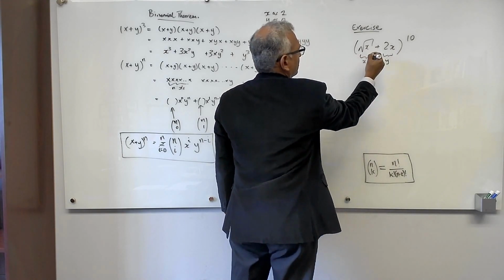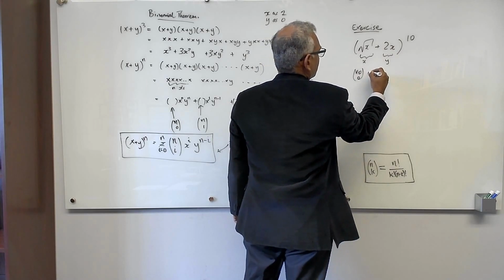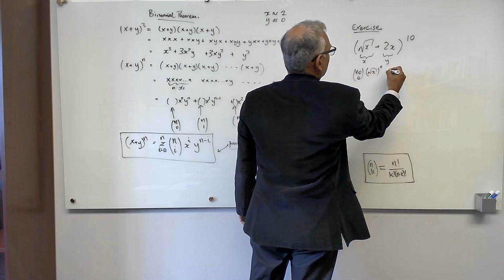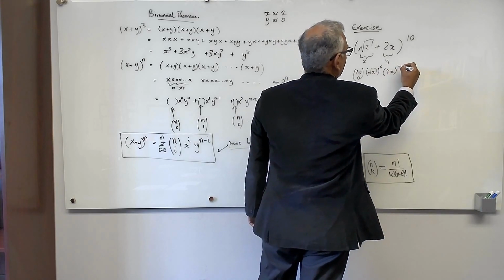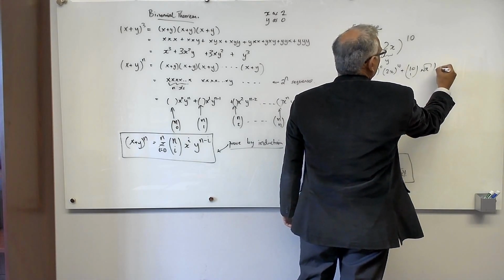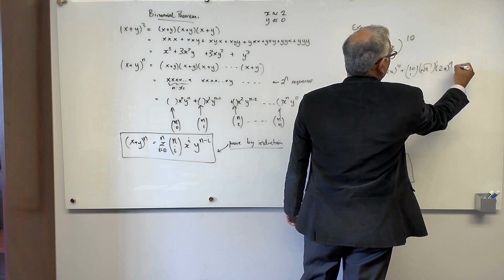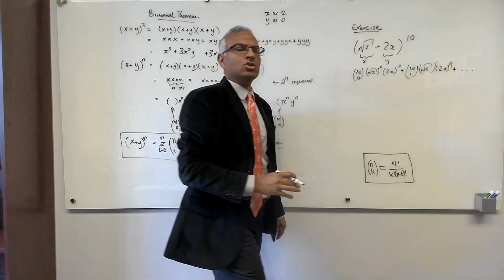So you'll have 10 choose 0, square root of x to the 0 times 2x to the 10, plus 10 choose 1, square root of x to the 1 times 2x to the 9, plus and so on. So you have all the binomial terms.